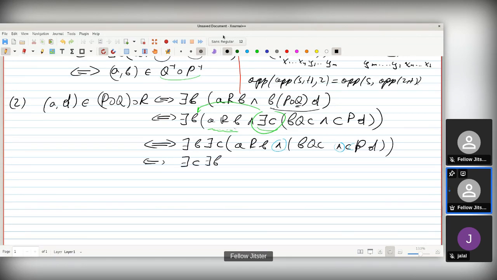It doesn't matter whether there exists B such that there exists C, or there exists C such that there exists B. So I may obtain ARB and BQC and finally CPD. Is it clear? Yes.